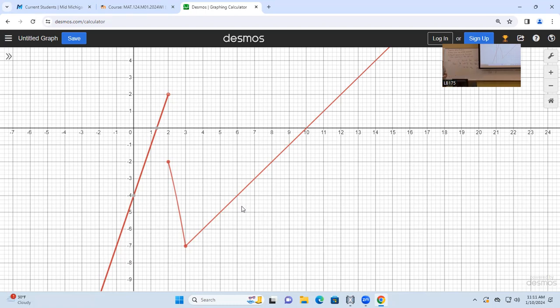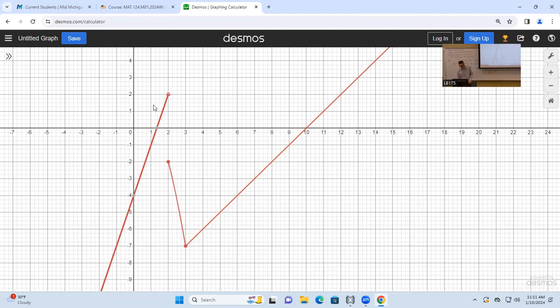Does that make sense? So that's the concept of what a continuous function is. And a lot of times when you have piecewise defined functions, you have these places where it's not continuous.